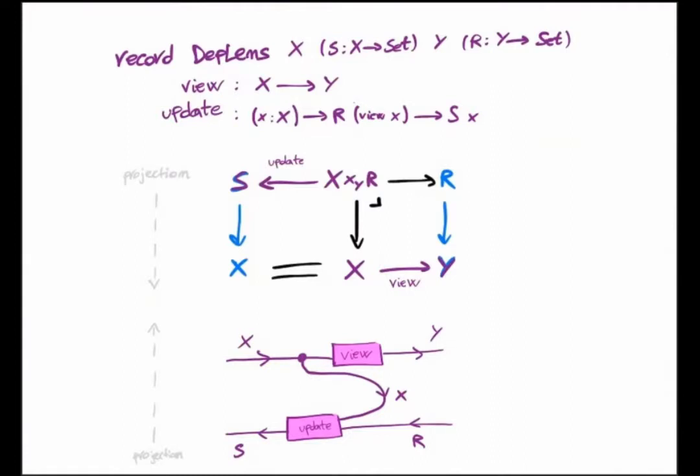First we see that there is a view going from x to y, then we pull back this bundle along the view, and we get this object here, and then the update maps this to an S, which is over the same x we started from. And finally, the way that I prefer is to draw these objects as string diagrams. These are really string diagrams for non-dependent lenses, but the idea works the same.